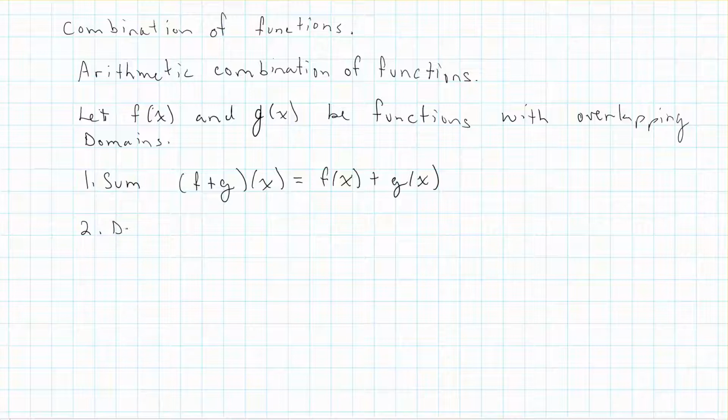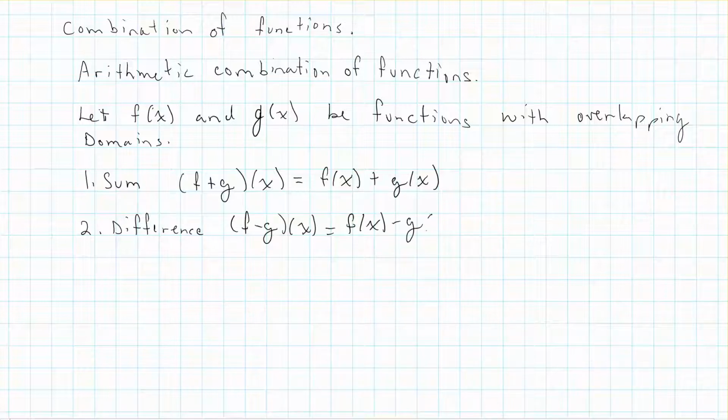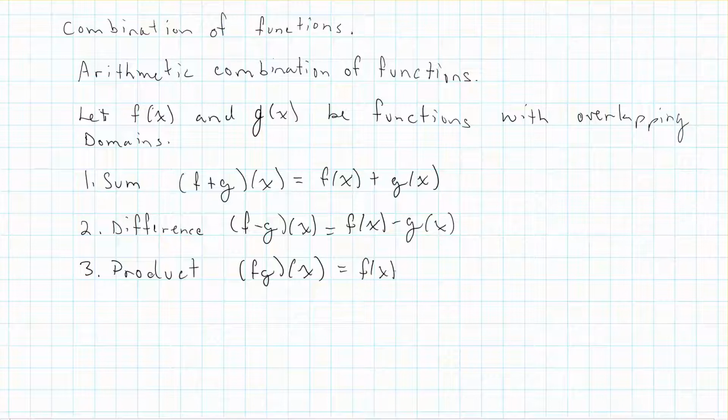Then there's the difference, which is just f minus g at x, and as you might guess, we're literally going to subtract them. Alright, you probably get where this is going. We can multiply, the product f times g at x, and we're literally going to multiply the two functions.